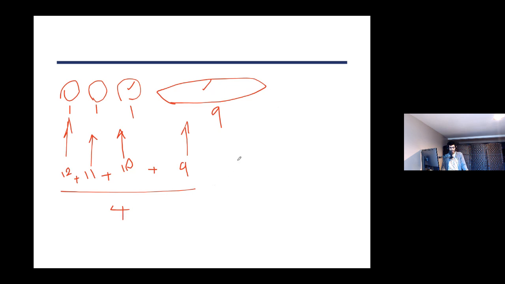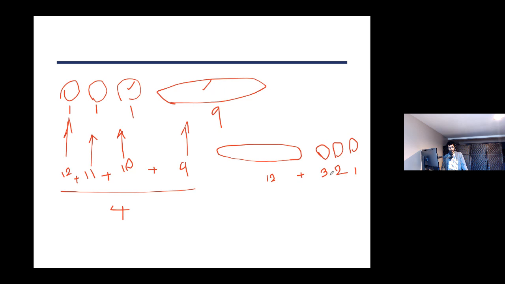Now, what if I scheduled like this? I first do the small tasks and then do the big one. So the response time of the first one will be 1. The second one will be 2. The third one will be 3. And the response time of the last one is going to be 12, 9 plus 3.